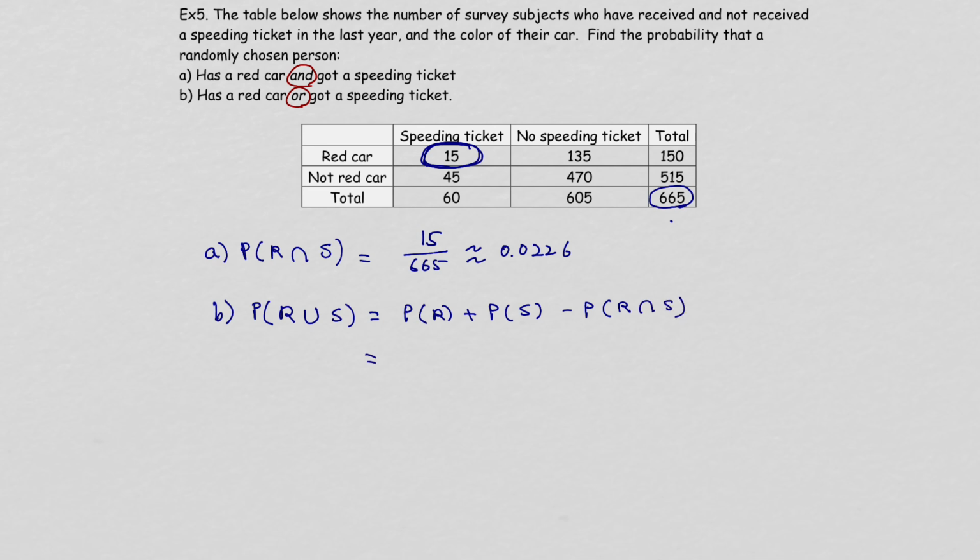So the probability of red is going to be 150 over the total, so it'll be 150 over 665. Speeding ticket is going to be 60 over the total.